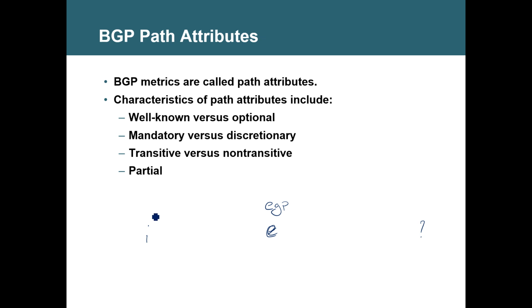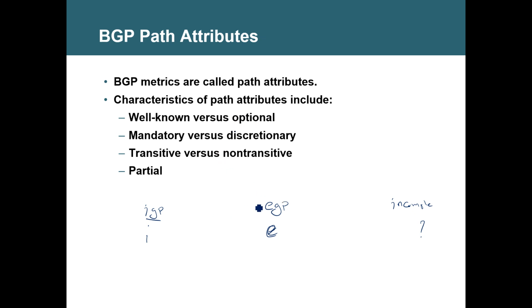Those routes will have E as the origin. This we call IGP, but this IGP is not interior gateway routing protocol. This IGP means they are BGP's own networks, advertised using the network command. And this one we call incomplete, meaning redistributed networks from some other source.